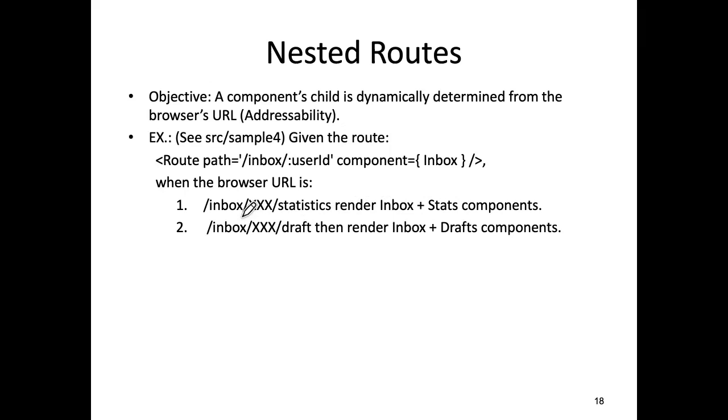On another occasion, the URL might look like this, and then we want our inbox component to render a drafts component as one of its children. The routing logic that would achieve these two, we can put into the inbox component. We don't have to put it in the top level routing component.